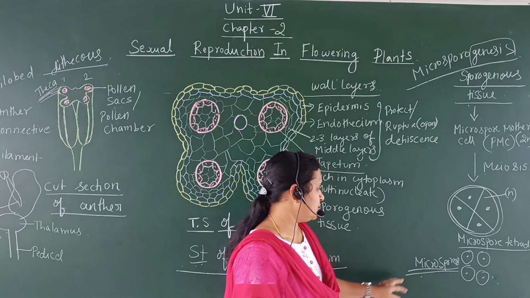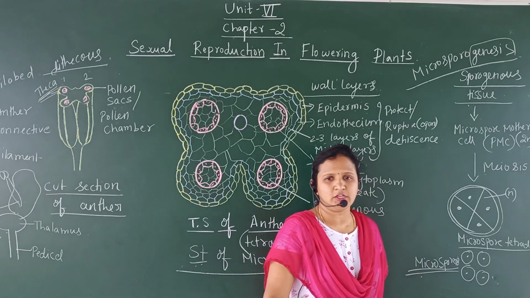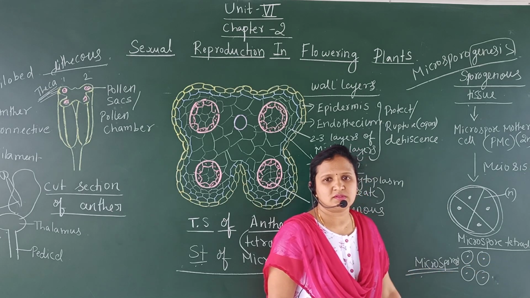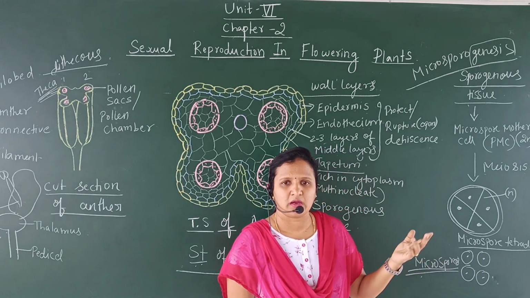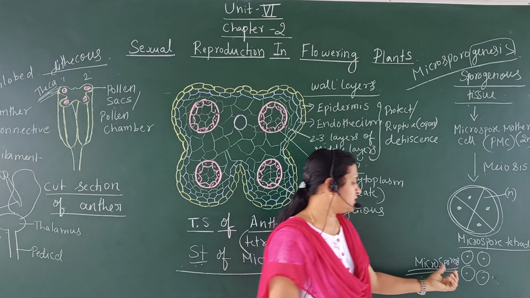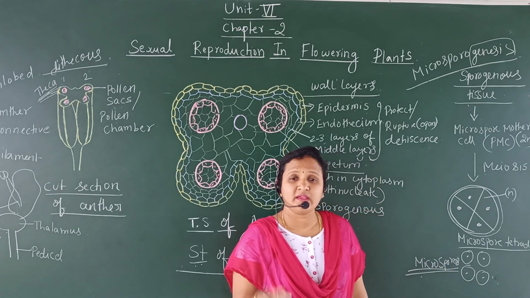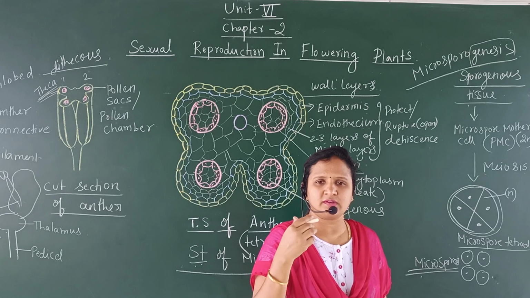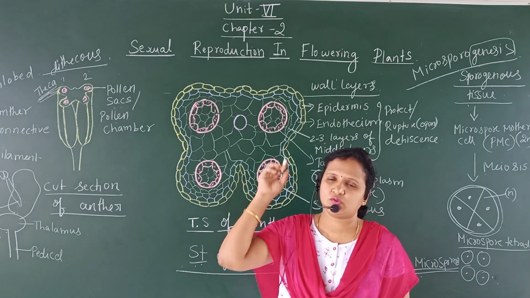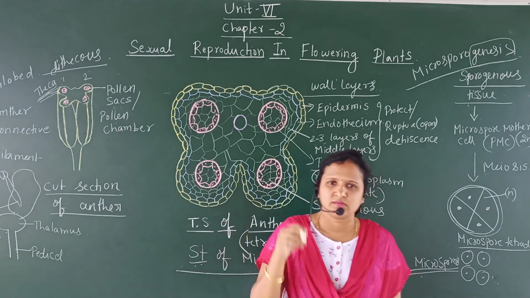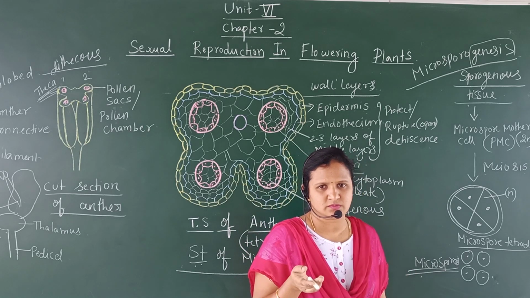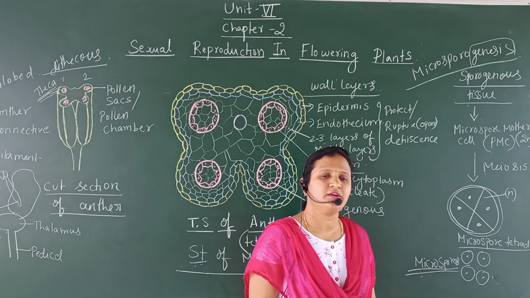It is not the end, because we don't find the male gametes yet. After the pollen grains are released from the anther, they land on the stigma, and then the male gametes will be transferred. That is a detail that will continue.